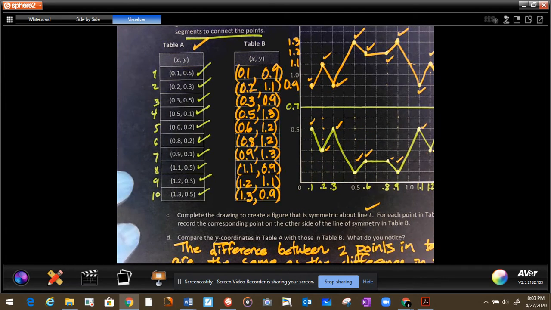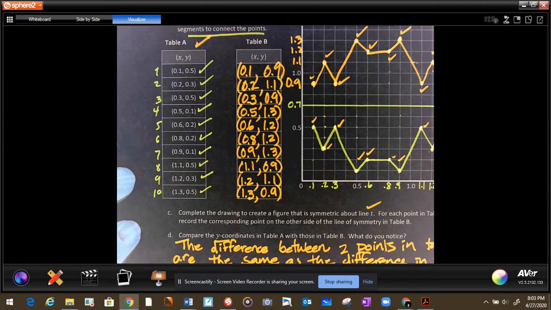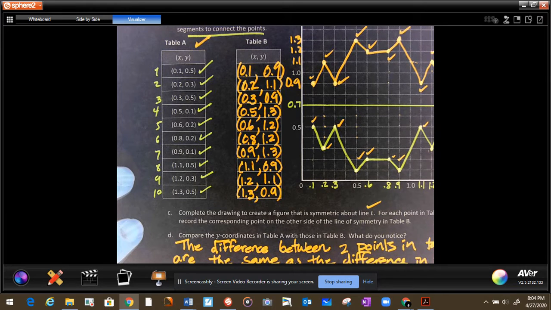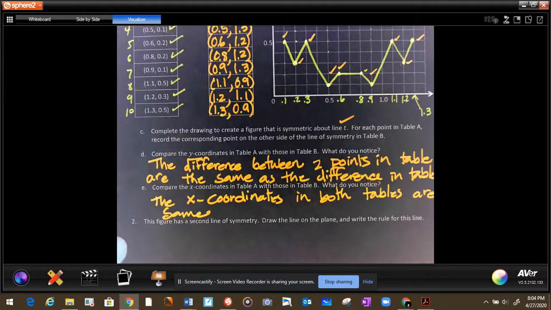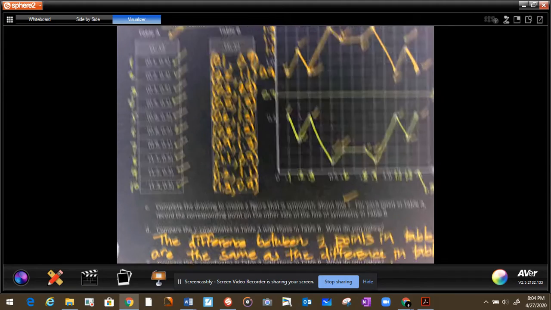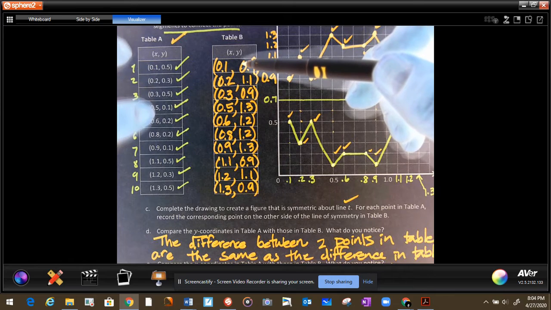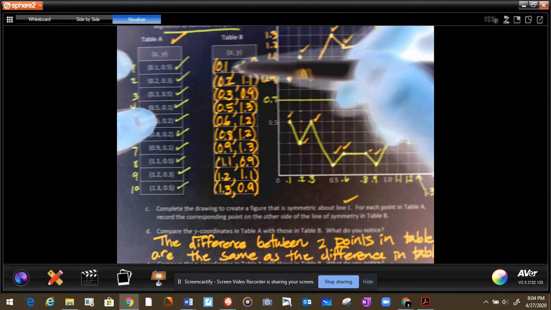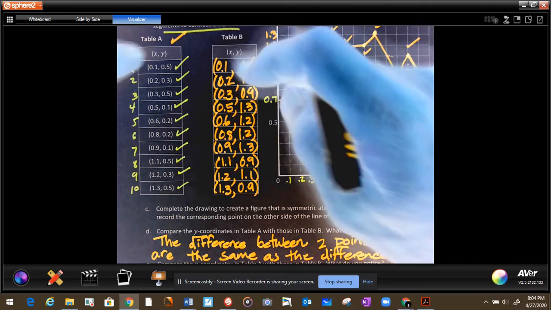So we can say that the x coordinates in both tables are the same, right? Look, the x coordinates in both tables are the same. So let's check again: 1, 2, 3, 4, 5, 6. So it is the same number.